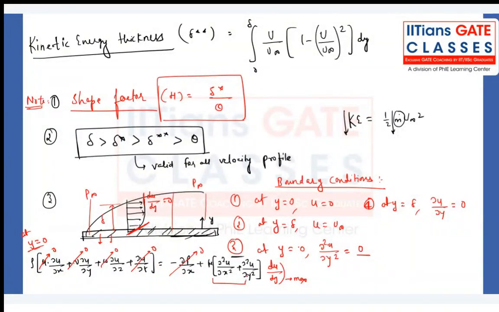Dou square u by dou y square will exist. But what about dou square u by dou x square at y equal to 0? What is the value? Yes, tell me guys.